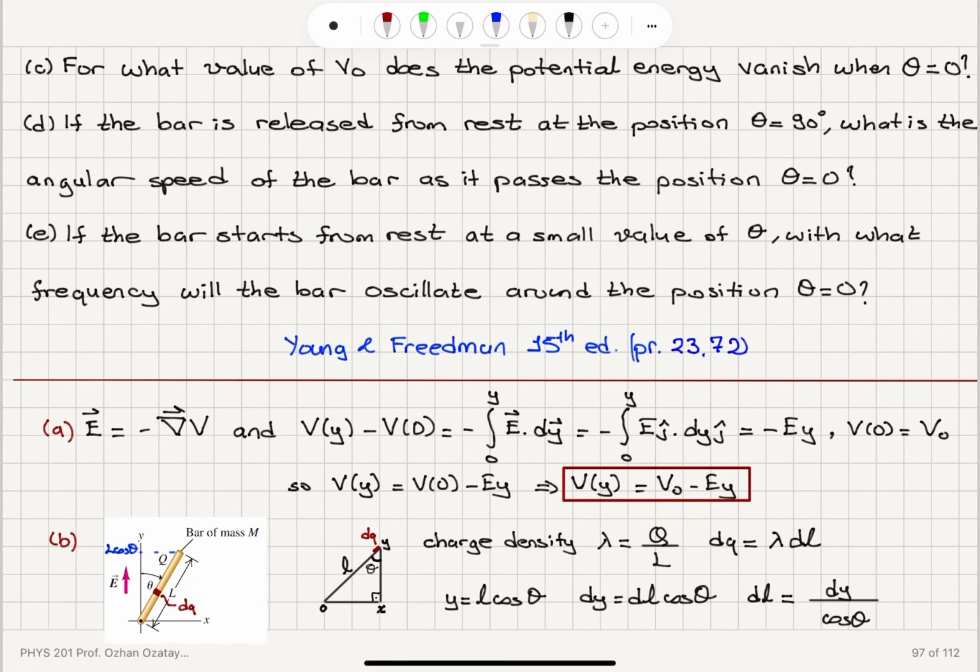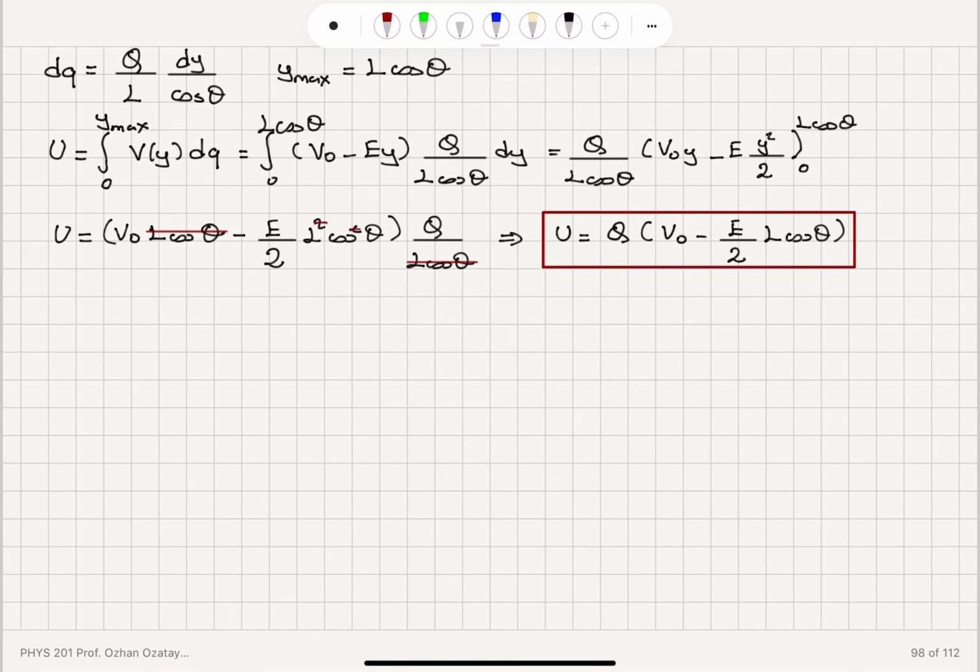In part C, for what value of V0 does the potential energy vanish when theta is equal to 0? Okay, let's check. I know the potential energy is a function of theta, so let's substitute theta equal to 0 degrees.